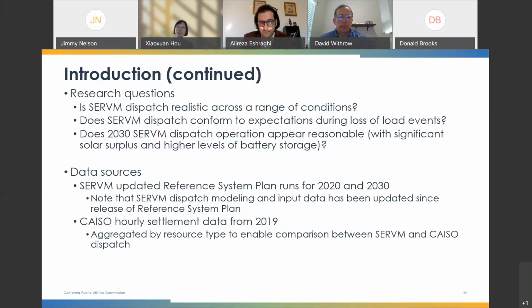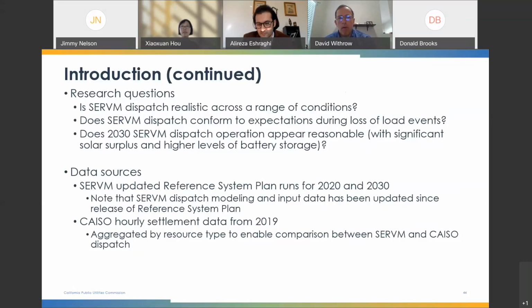We've constructed the study to answer 3 main questions listed here. The first 2 are basically just comparing SERVM's 2020 to CAISO's 2019, to see if it's broadly realistic, and especially looking at SERVM's loss of load events and thinking if its treatment of the reliability resources during the loss of load event is reasonable.